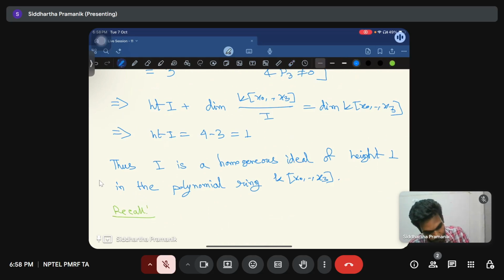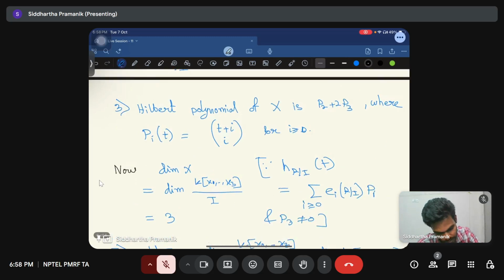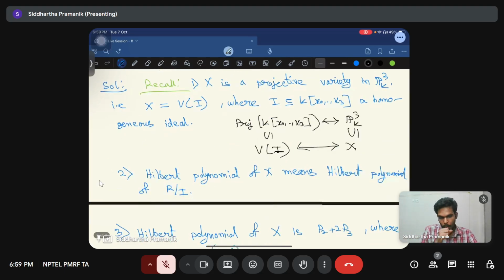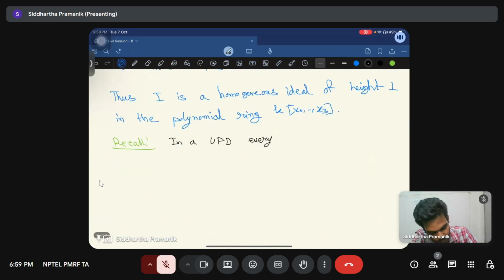So in a UFD, every height 1 prime ideal is principal.